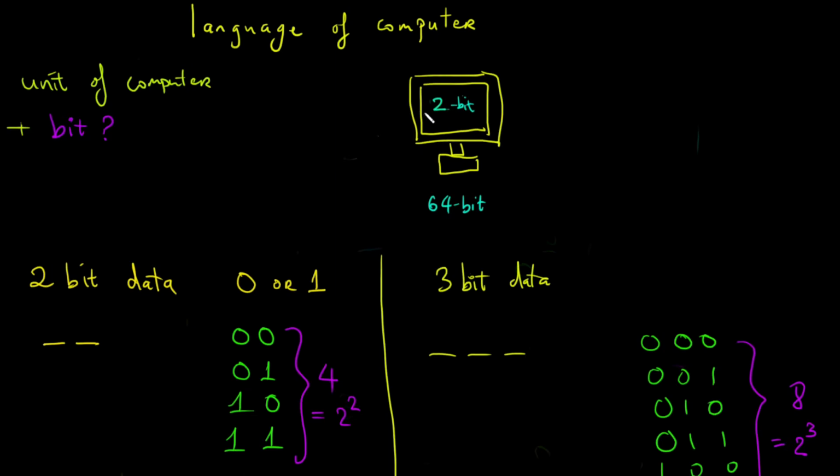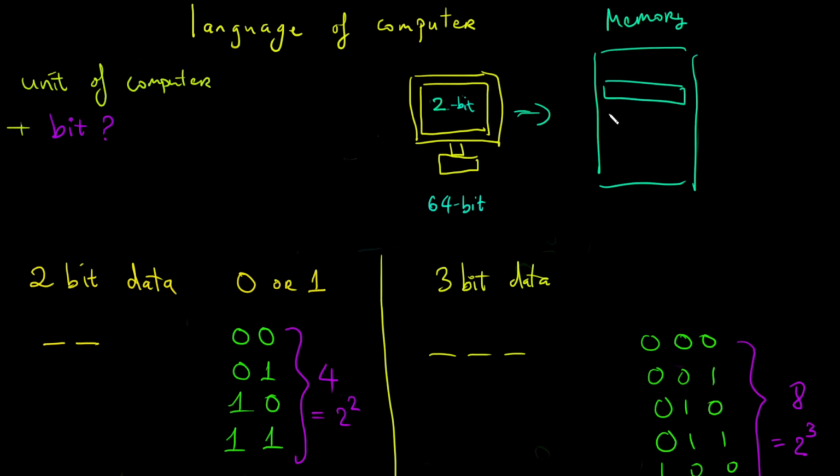So this number right here means that in the memory of the computer, this is the memory, this memory right here can only hold at most 4 data. So this computer can only hold 4 data in total.